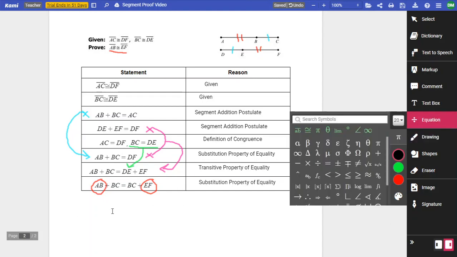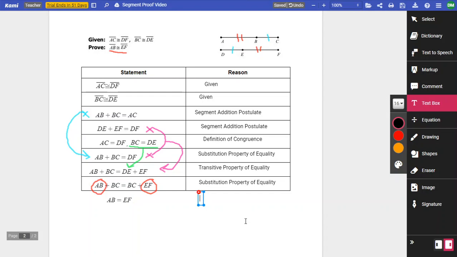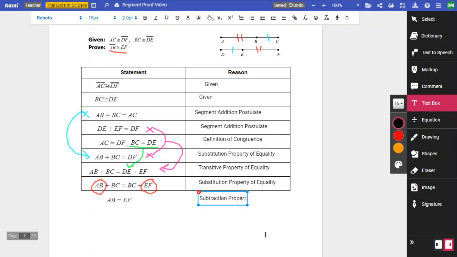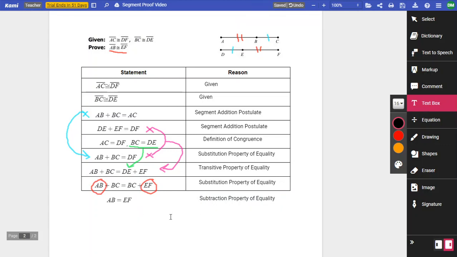So in fact, now that's what I am going to say. I'm going to say that they're equal. AB is equal to EF, and the reason I'm allowed to say that is the subtraction property of equality. So I just subtracted BC from both sides of this equation, and now I've got AB is equal to EF.